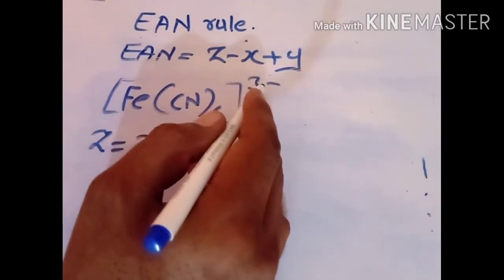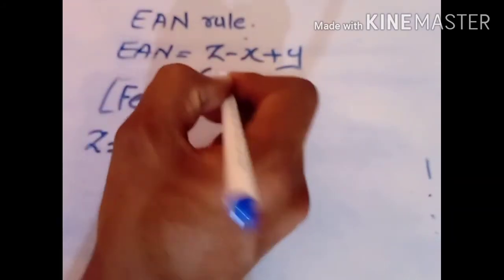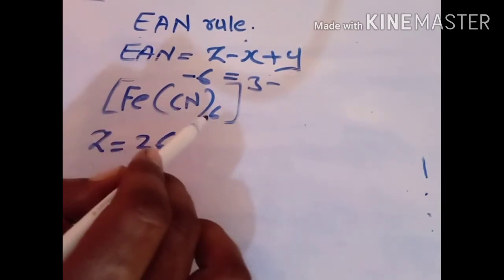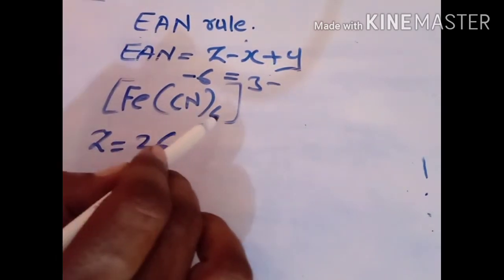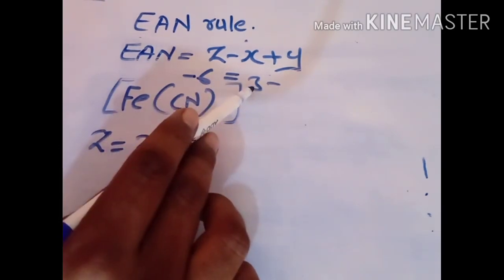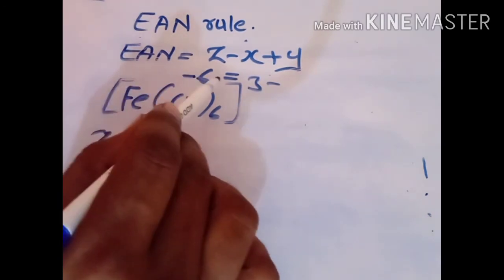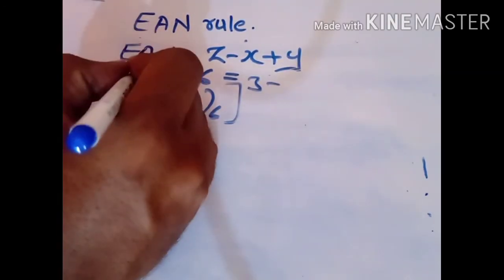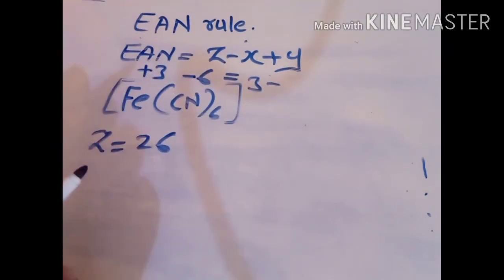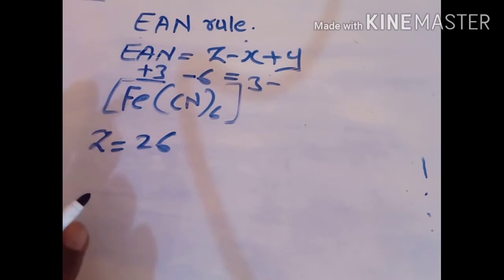Here the net charge is -3, and cyanide carries a -1 charge each, so -1 into 6 will be equal to -6, and the net charge is -3. That's why we can write +3, since +3 minus 6 will be equal to -3. That's why here the oxidation state of iron will be +3.